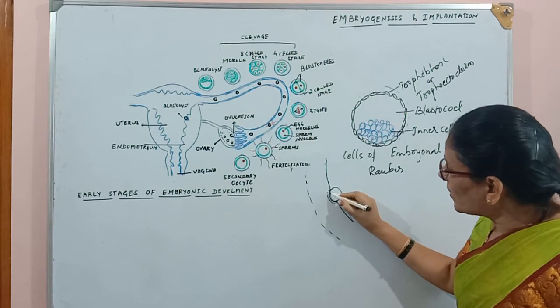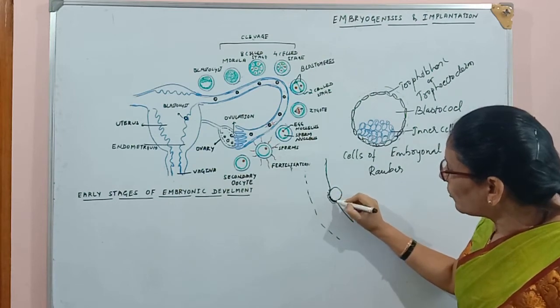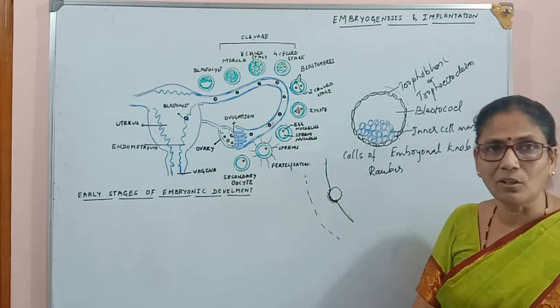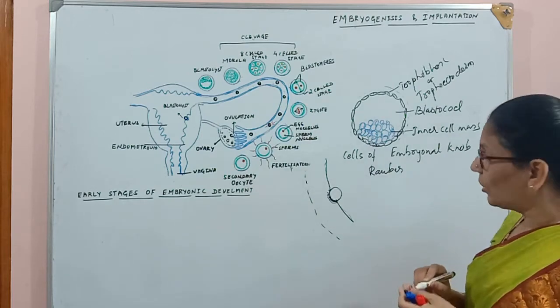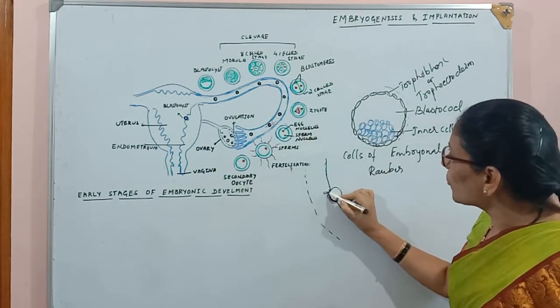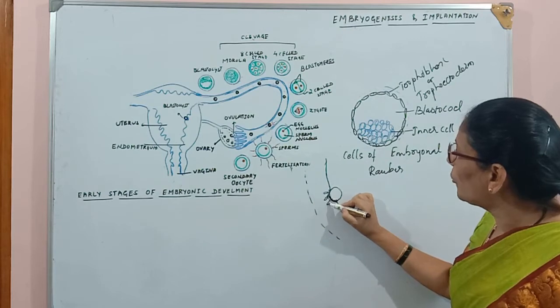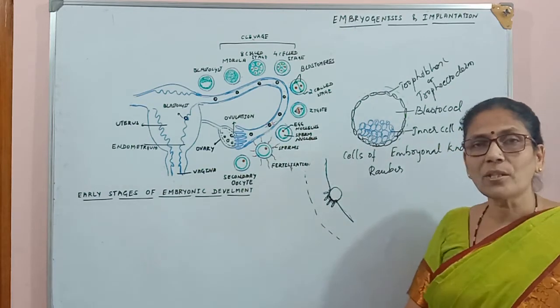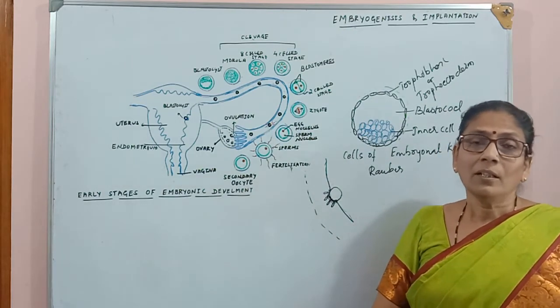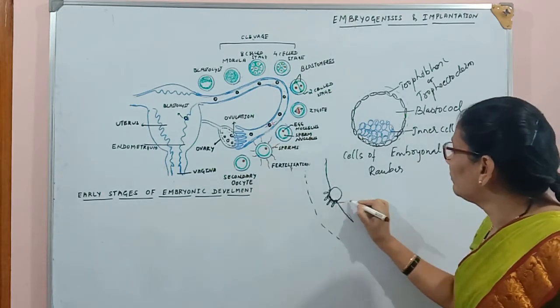The trophoblast cells which are in contact with the embryonal mass or inner cell mass are called the cells of Rauber. These cells produce finger-like projections in the deeper portion of the endometrium wall, called the chorionic villi.